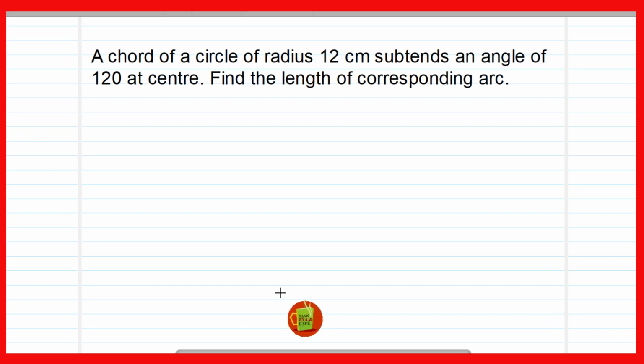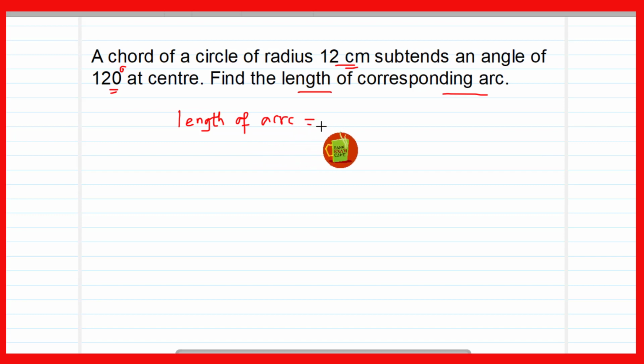A chord of a circle of radius 12 cm subtends an angle of 120 degrees at the center. Find the length of the corresponding arc. Friends, we know that the length of the arc is found by the formula pi r theta by 180.